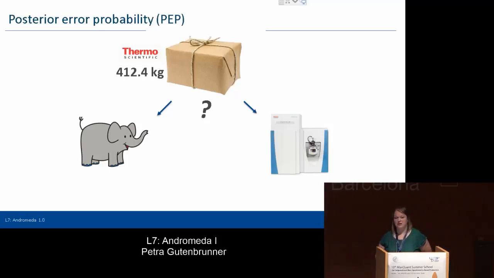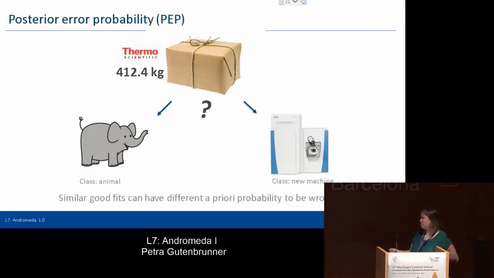So when you look at this example, with the information that this parcel was delivered by Thermo, you would already know that it can't be the elephant. So you already have an idea of what is more likely to be the correct identification. And so depending on the properties, you know which one is more likely the correct one.